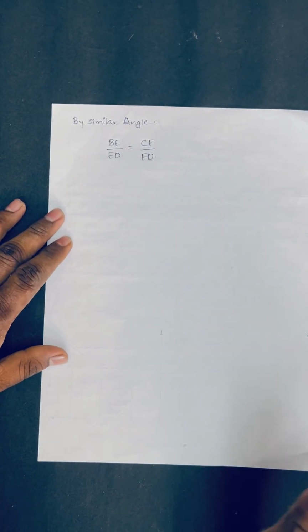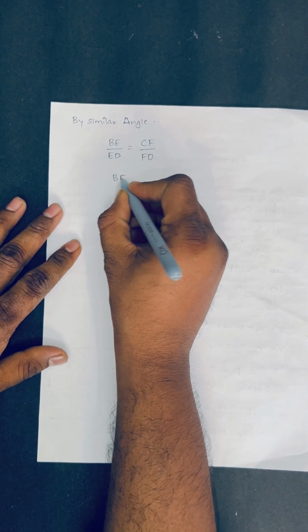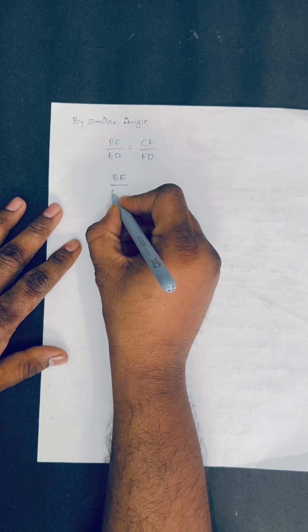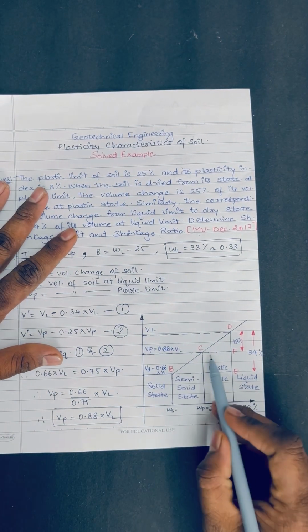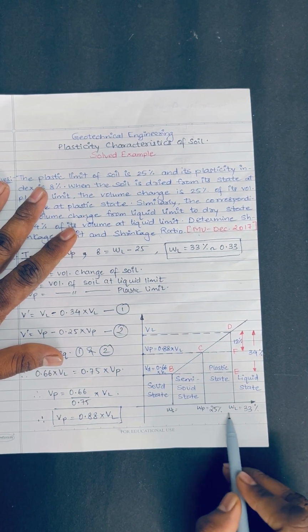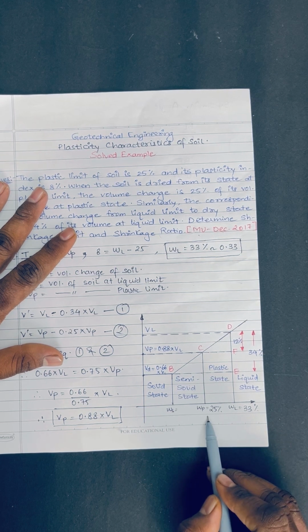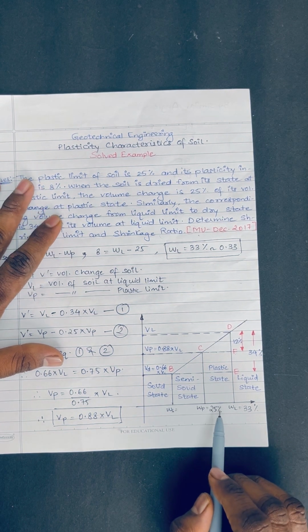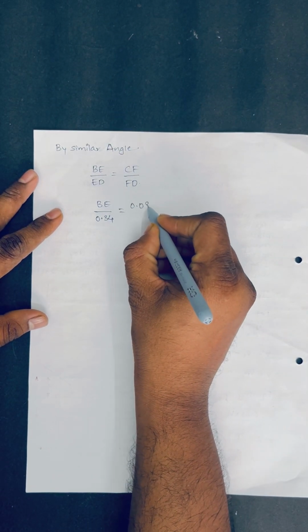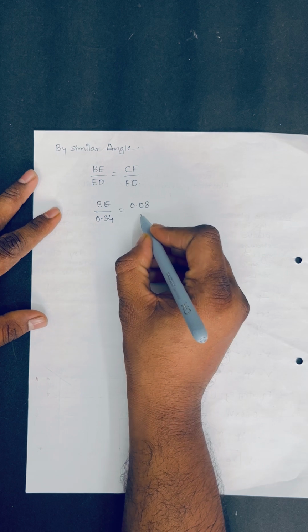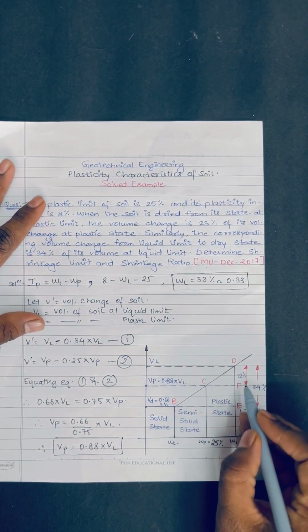So I'll write BE divided by 0.34 equals to, now the value of FC, if we see, is the difference between the liquid limit and plastic limit, that is 8%, which is given to us. So I'll write here 0.08, and the value of FD is 12%, or we can say 0.12.